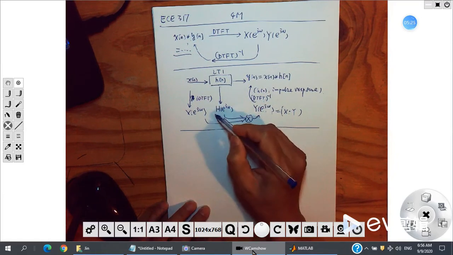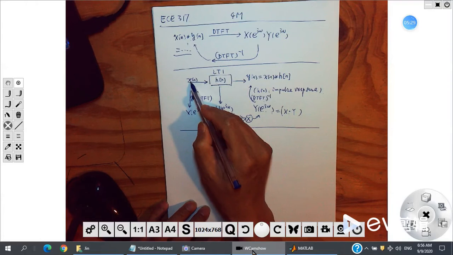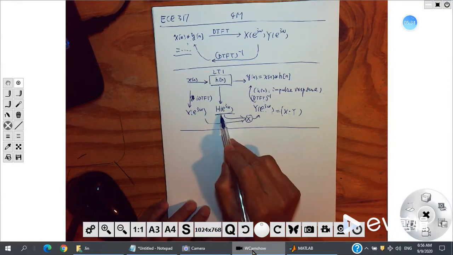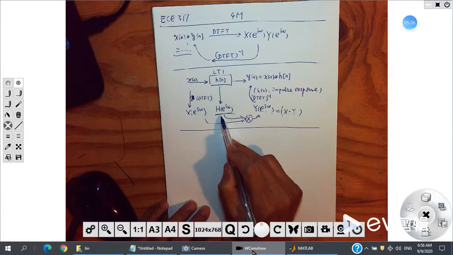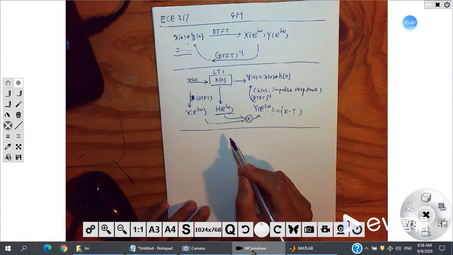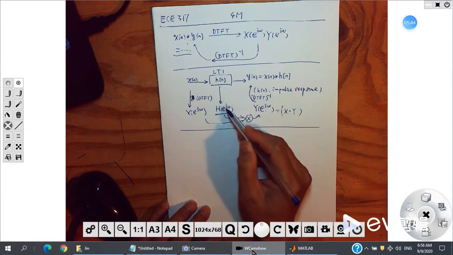But if you change the input, then you need to change this capital X, but H is the same, right? No matter what the input is, you can always use this H. So you can think of this H as something you already have. You don't need to compute it anymore.